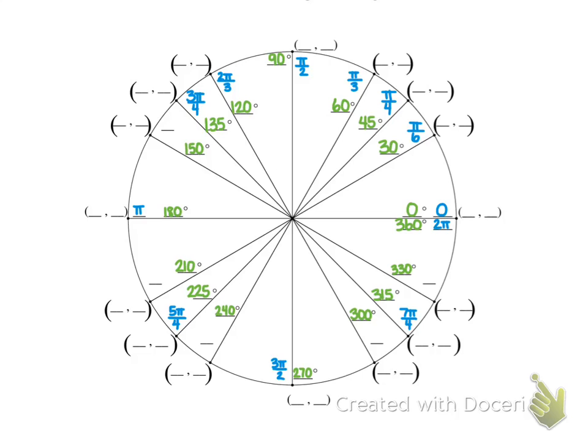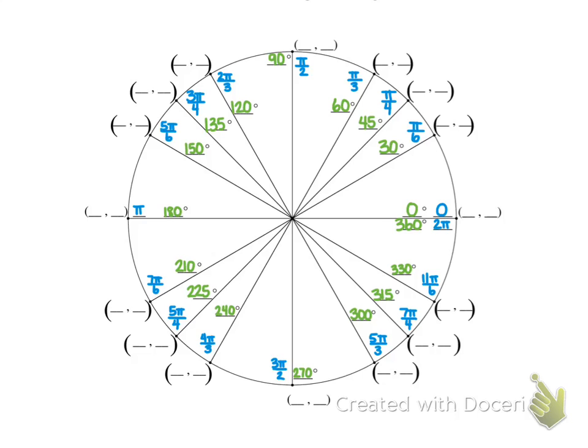And then you've got 4 pi over 6, 5 pi over 6, 6 pi over 6 is the same as pi, 7 pi over 6, 8 pi over 6 is the same as 4 pi over 3, 9 pi over 6 is the same as 3 pi over 2, 10 pi over 6 is the same as 5 pi over 3, 11 pi over 6, and then all the way back around would be 12 pi over 6. Okay, so think of that as in sixths going all the way around, and you can reduce if you need to.